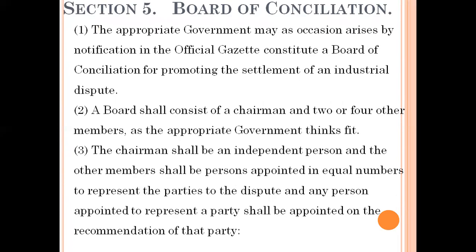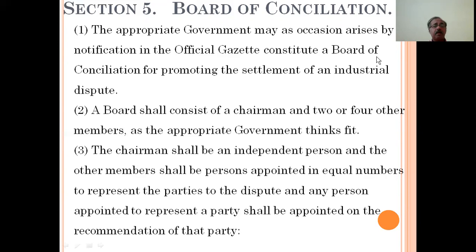Section 5, Board of Conciliation. The appropriate government may, as occasion arises, by notification in the official Gazette, constitute a board of conciliation for promoting the settlement of an industrial dispute.